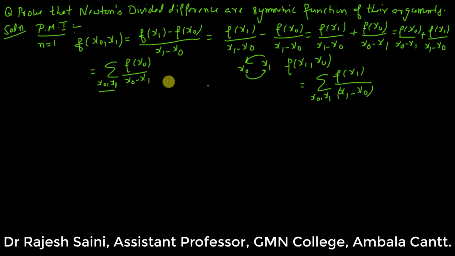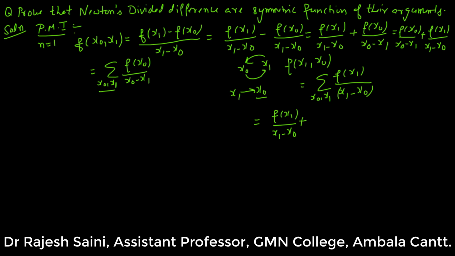So we'll see whether this result is the same or not. Okay, we will try to expand it. We'll write f of x1 divided by x1 minus x0. What do you get after x1? After x1 you get x0. Fine.